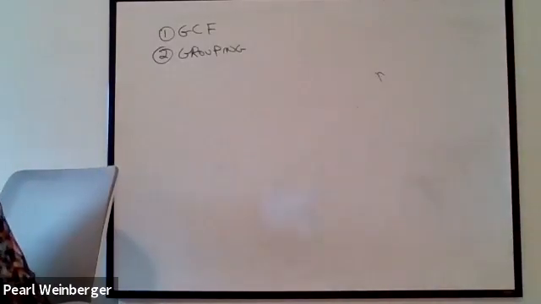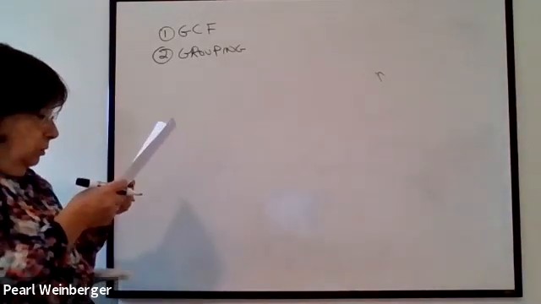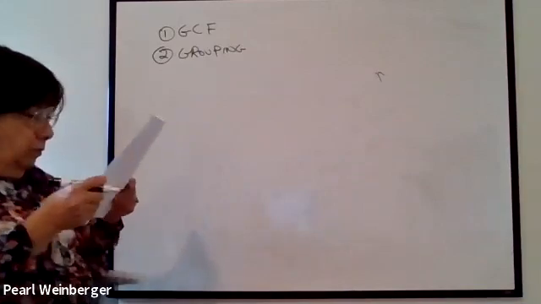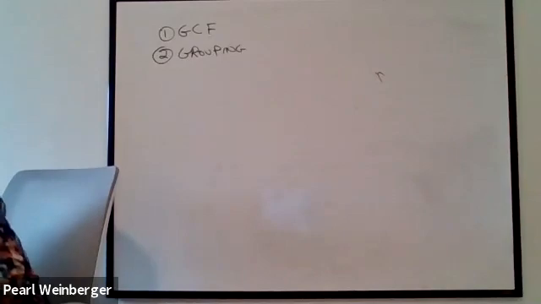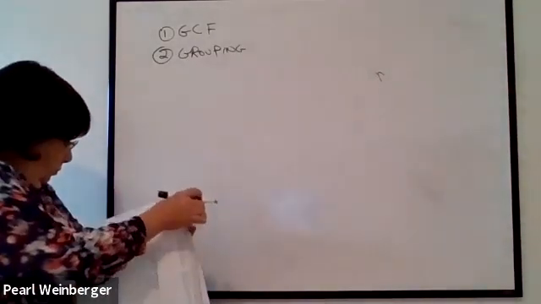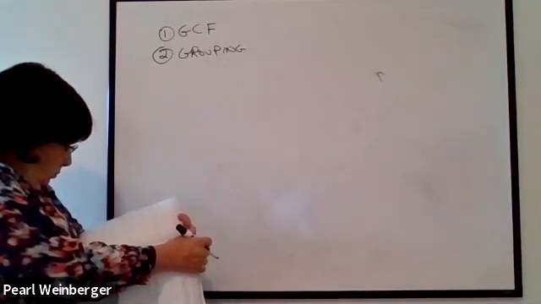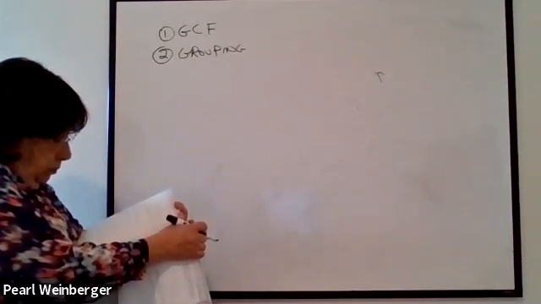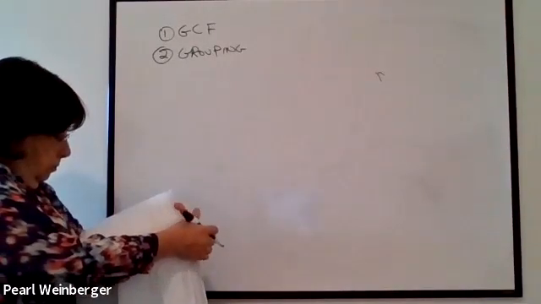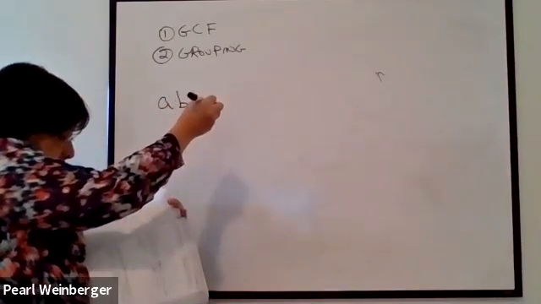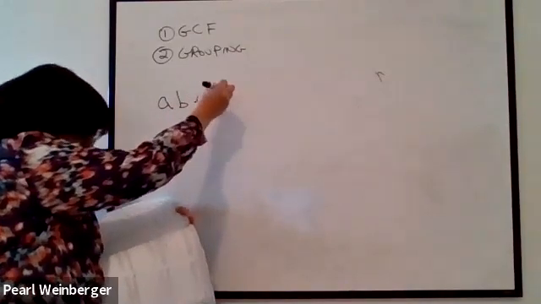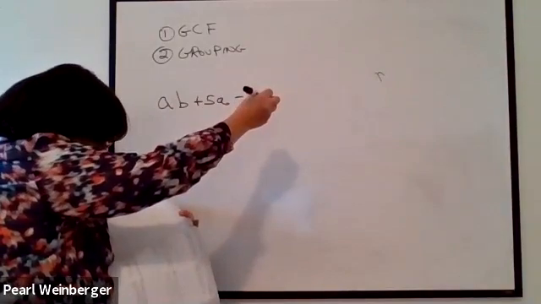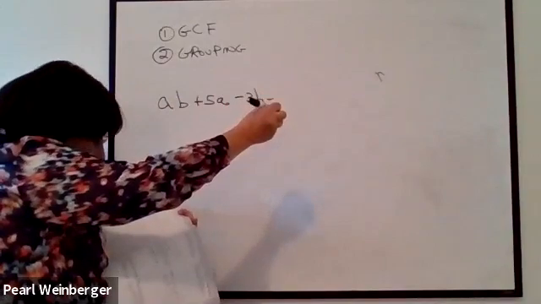So let's say I gave you this example: AB plus 5A minus 3b minus 15.